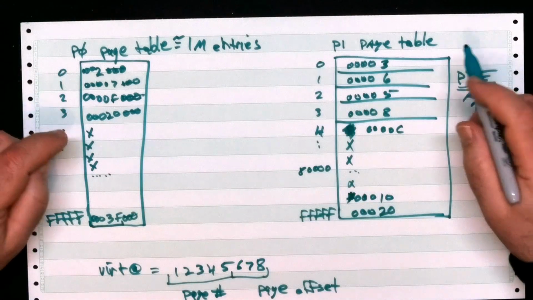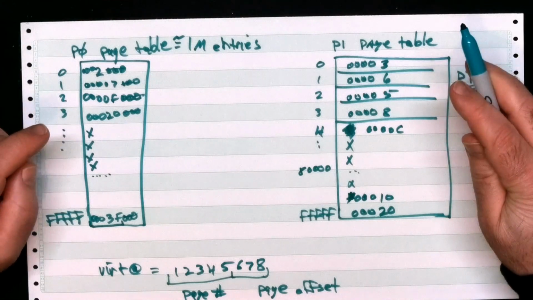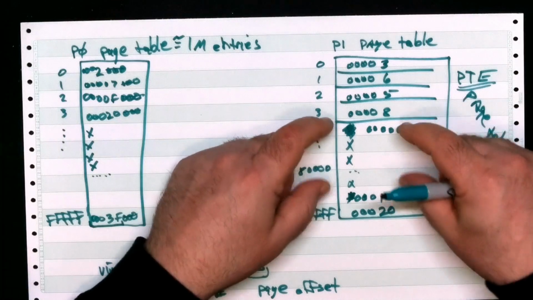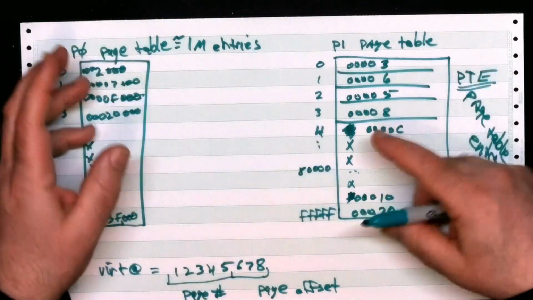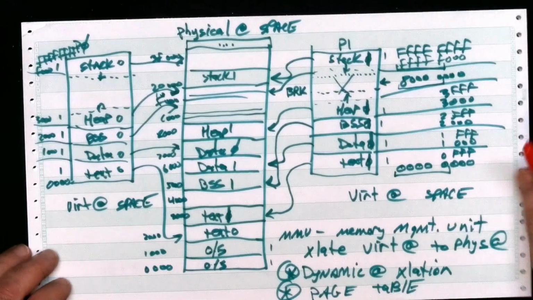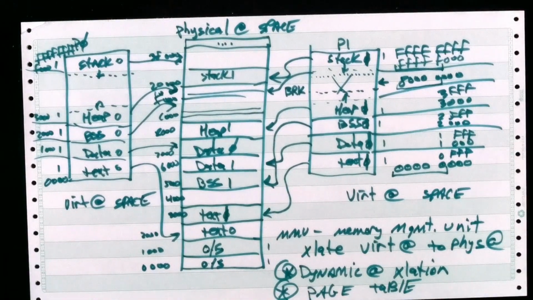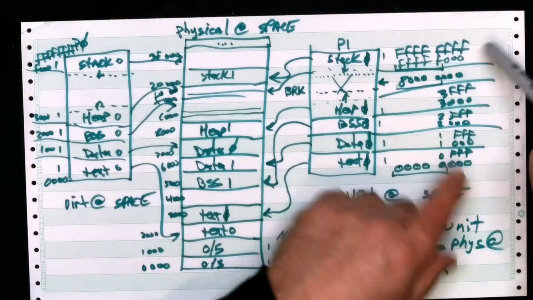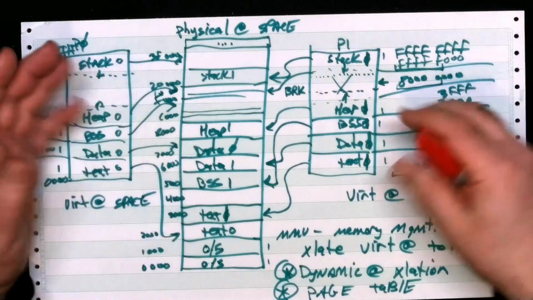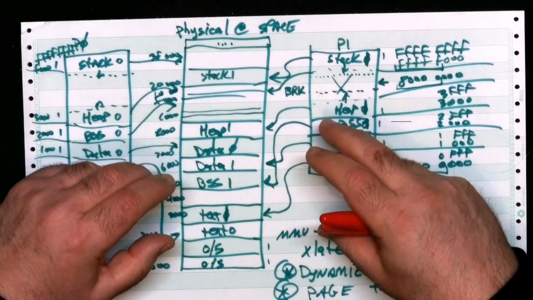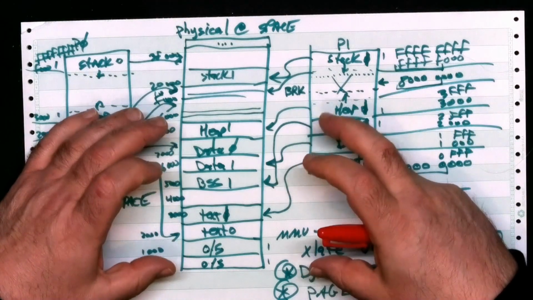But what happens when I really do run out of memory? Let's say I'm running 500 processes, and they all have big heaps and big stacks, and they're all using all kinds of memory, and I run out. Well, in that scenario, say we have process 0, process 1, process 2, process 50, 60, even with 2 processes, or even with 1 process, in theory, you could try to use more memory than you really have, right?